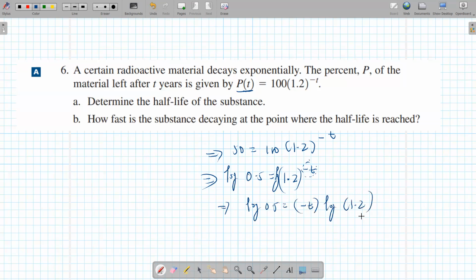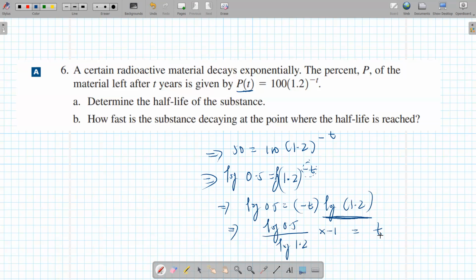Now what? You divide both sides by log of 1.2, and then you multiply by negative 1 on both sides. And that will give you t. Okay? That makes sense or no? It does. Is this tricky? No.